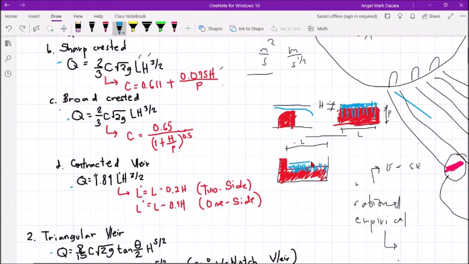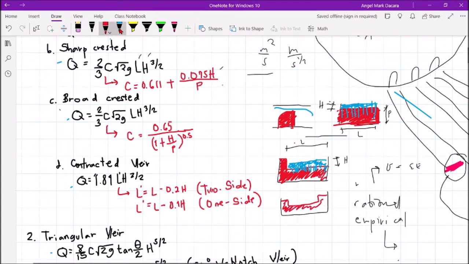And yung H, if this is the water level na nag-overflow above the weir, then this is H. If that's a one-side contraction, edi ang length L prime mo is L minus 0.1H kasi one contraction lang. If the contraction is dalawang side, drawing tayo ng two-side contraction. Two-side contraction, ganito. Yan.